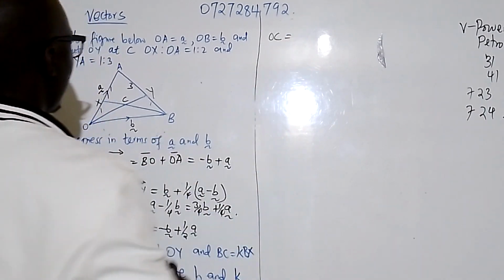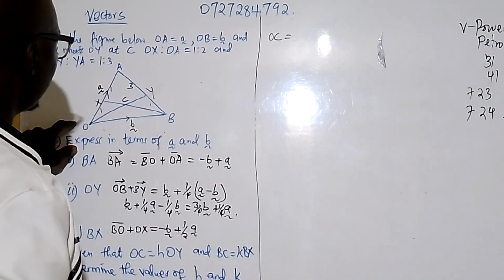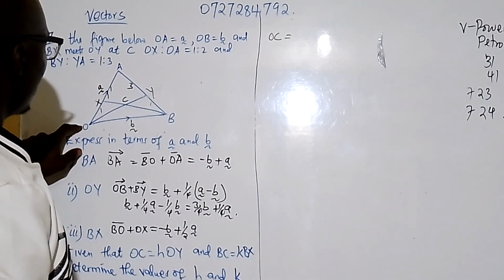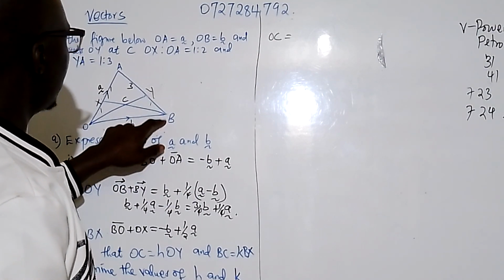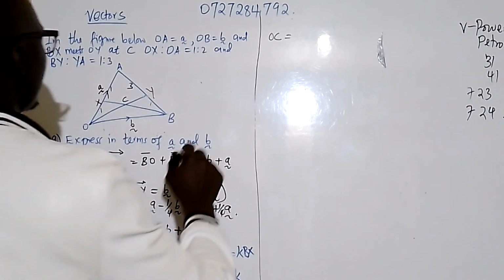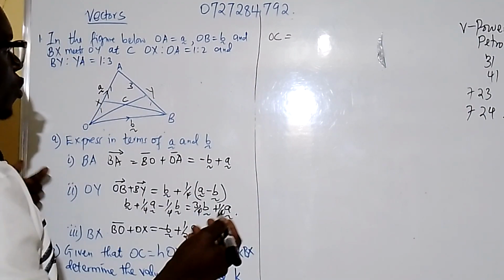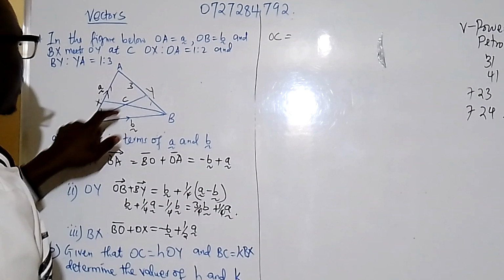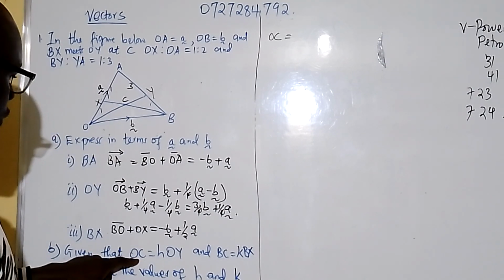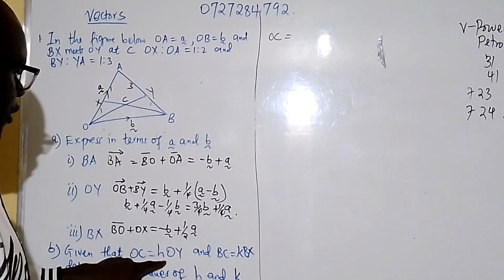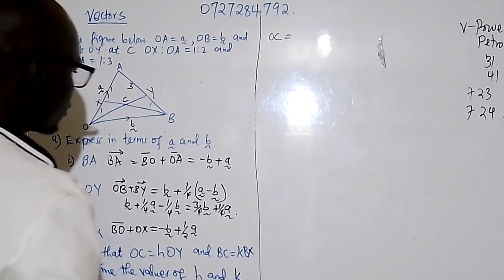The route to OC is OB, BC, or the simplest route is OC, direct expressway, and OC we are told is H OY, and OY we know.